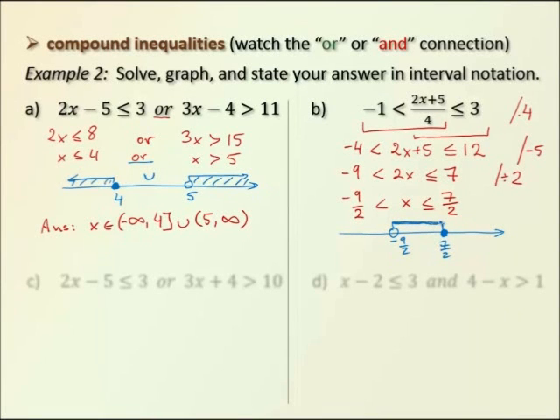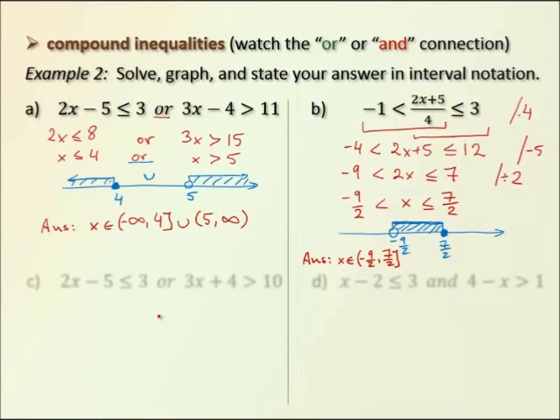So the overall common part is between -9 halves and 7 halves. We can think about x as oscillating between these two numbers. All those numbers can be taken and they will satisfy both inequalities. Therefore, our final answer is x can be any element from the interval from -9 halves up to 7 halves.